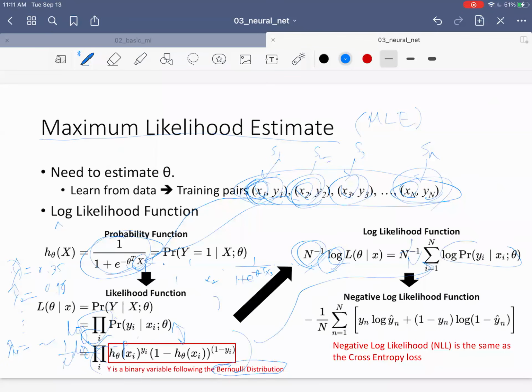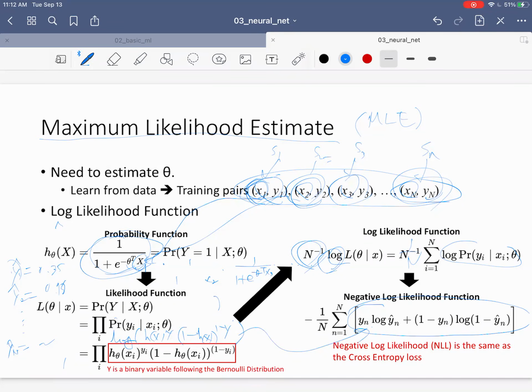And then when you put log here, you get the log of h x to the y times 1 minus h x to the 1 minus y. This becomes right here, right?